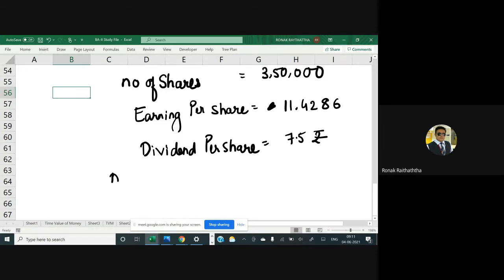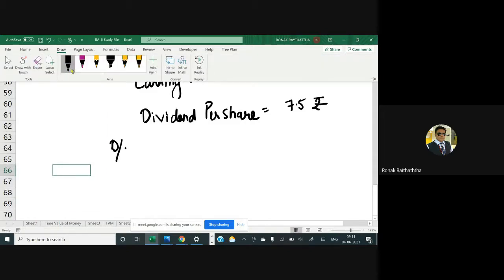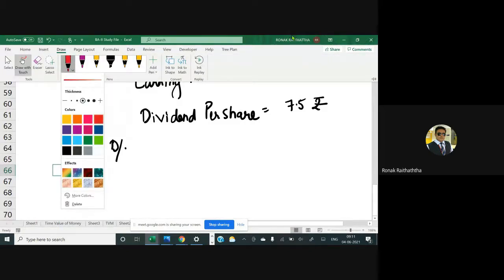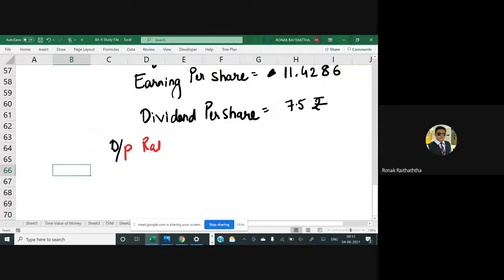So I can also write it like DP ratio equal to 7.5 divided by 11.4286. Can someone tell me what do we get there?